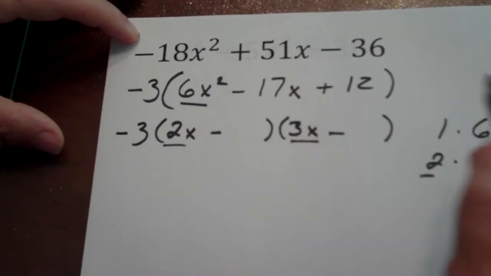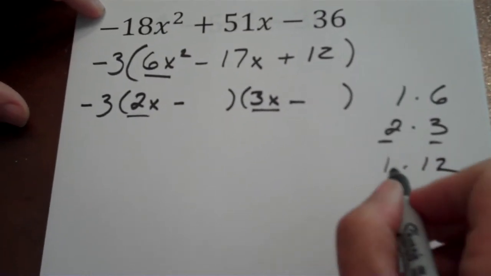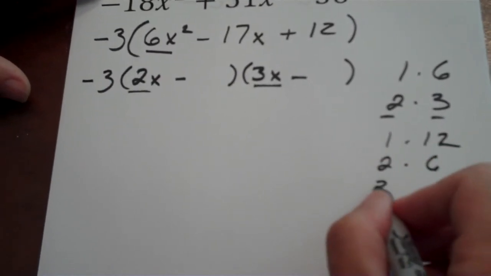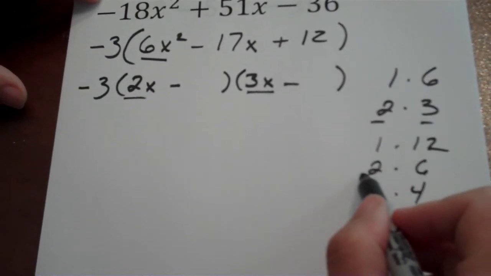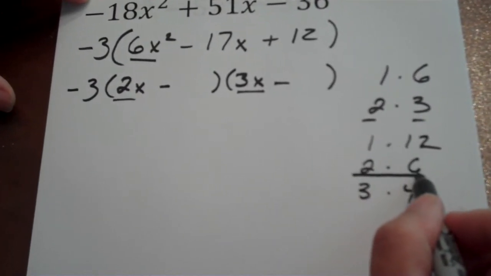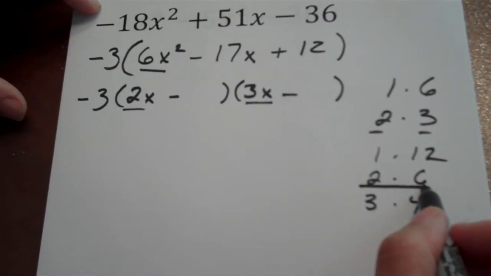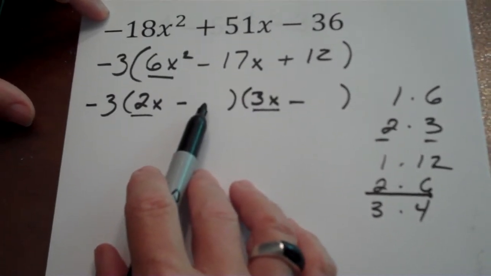Let's talk about what I could use for the 12. I could of course use 1 times 12. I could of course use 2 times 6. And I could of course use 3 times 4. Now you notice the problem here? 2 times 6. Those both have a factor of 2. I could not put either of those numbers in the first parenthesis here.